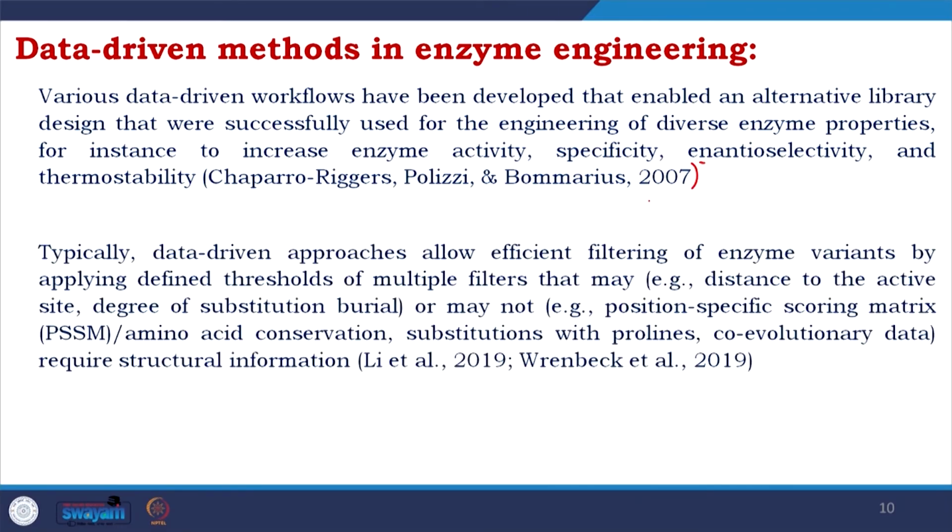Typically, data driven approaches allow efficient filtering of enzyme variants by applying defined thresholds of multiple filters that may, for example, be distance to the active site, degree of substitution burial, or position specific scoring matrix or PSSM, amino acid conservation, substitution with prolines, or co-evolutionary data that require structural information.